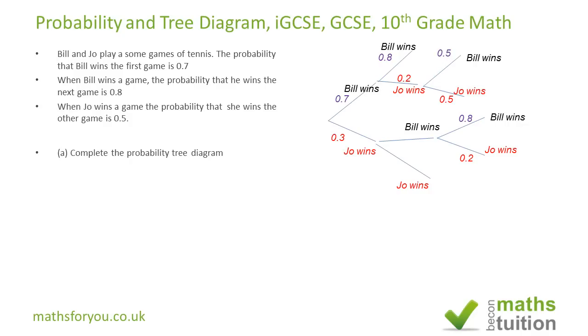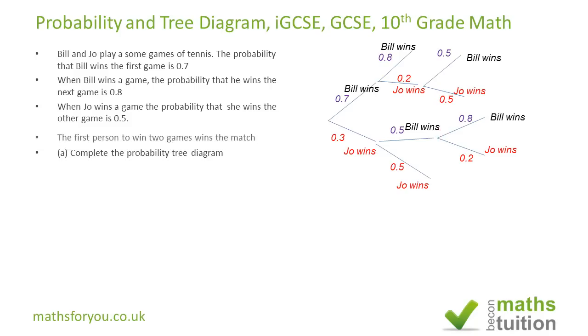Or if Joe wins there, she can win there as well with a probability of 0.5, and that's what we got there. And if that's 0.5, then Bill can win the second game with a probability of 0.5 as well, and that's what we got there. So that completes the tree diagram. Okay, let's go back and check and make sure you understand what I've done there.